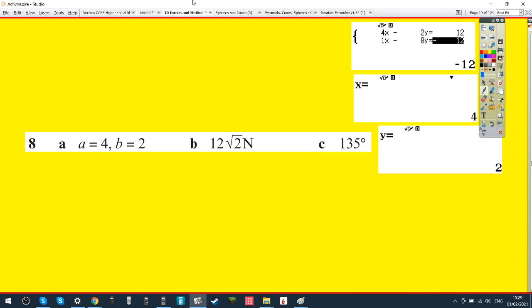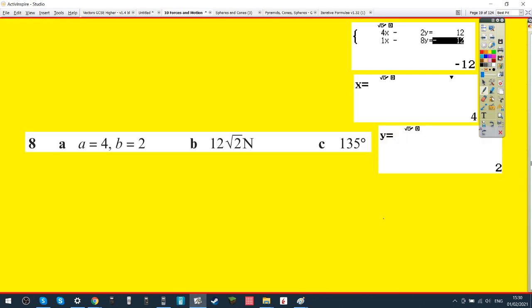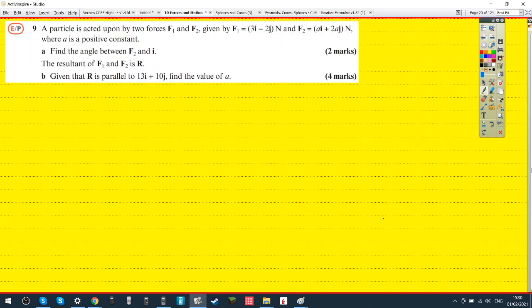Were you using minus 1? I just did tan x equals 12 over minus 12. Oh, I know why. They found the angle on the other side of it. That's not clear. They should have said obtuse angle, I think. But okay, great. Any questions about that one? No. Okay.